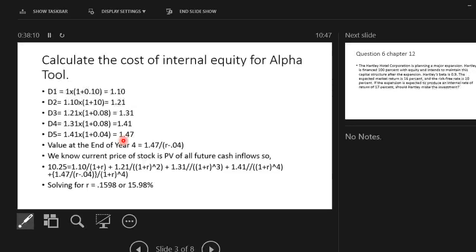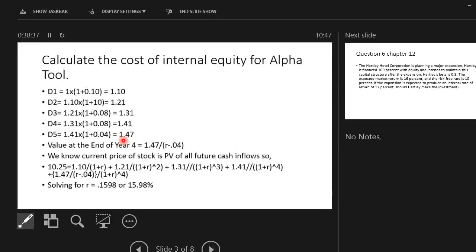KE is equal to D0 multiplied by 1 plus the growth. You are already given the growth, isn't it? The growth is 10%. So it will be D0 multiplied by 1 plus G over P0.